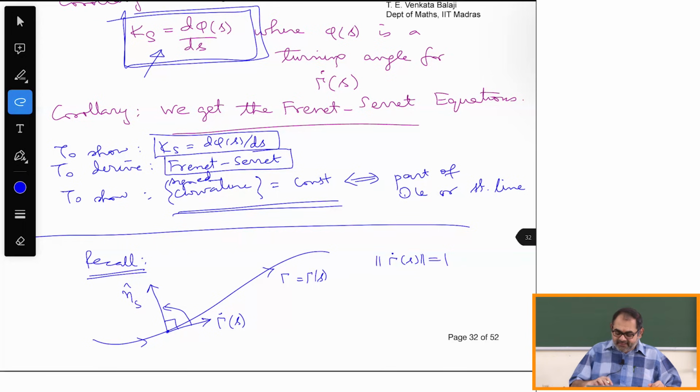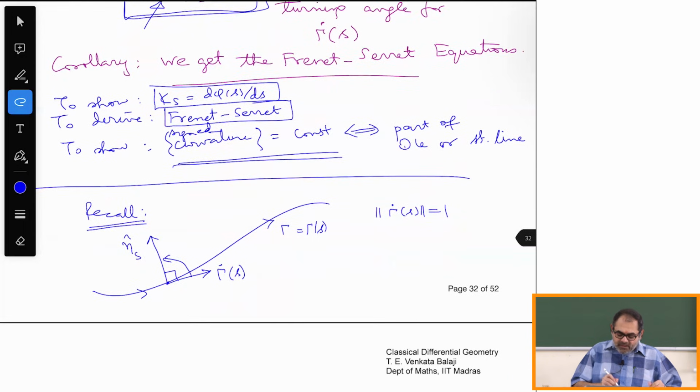So I'm putting n hat sub capital S. This capital S is the sine normal. Don't confuse capital S with small s, which is the arc length. So let me put capital S and then a small s also here. And how did you get this n hat S? This is the sine normal.